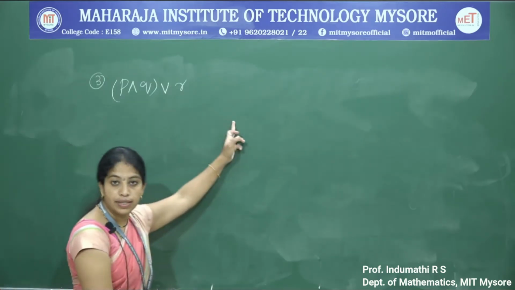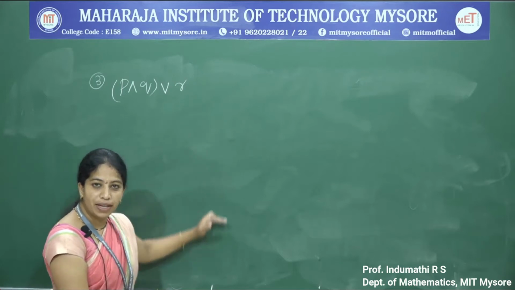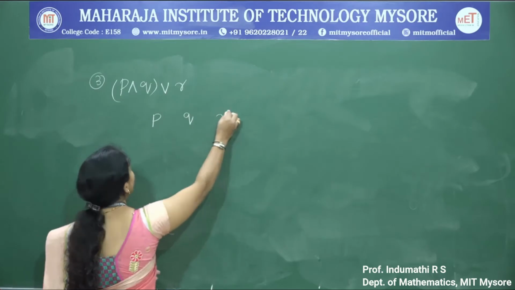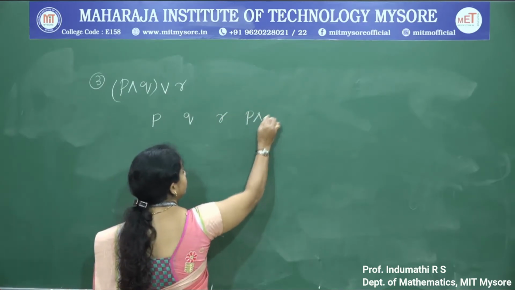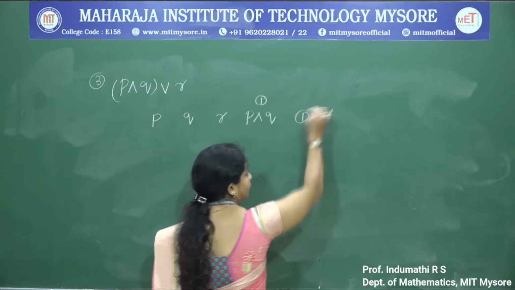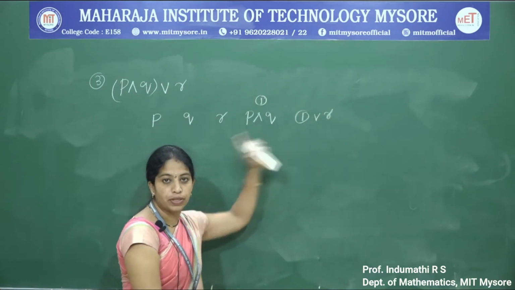Next problem. There are totally 3 statements. The number of possibilities will be 8. Here we need P, Q, R. The next is P conjunction Q, denote this by 1, 1 disjunction R. This is the given compound proposition.